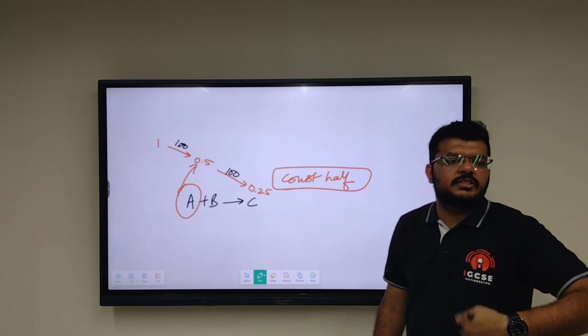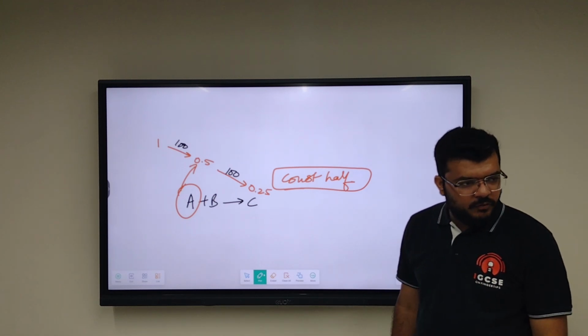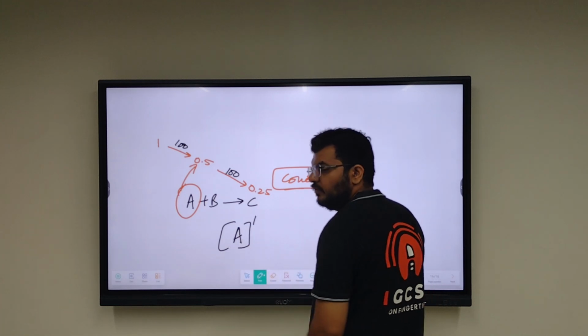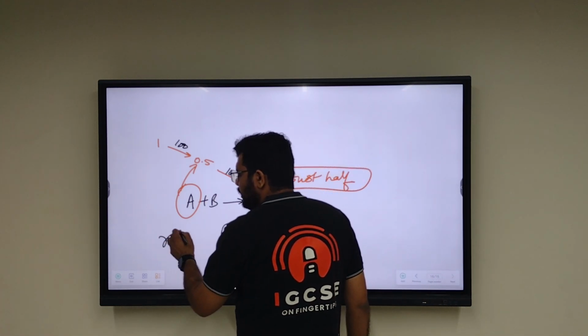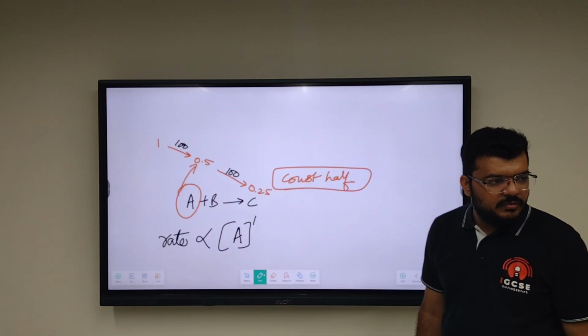It became half, the rate of reaction became half. It will become 1/4, the rate of reaction will become 1/4. So A raised to power 1, rate of reaction is directly proportional to A raised to power 1.